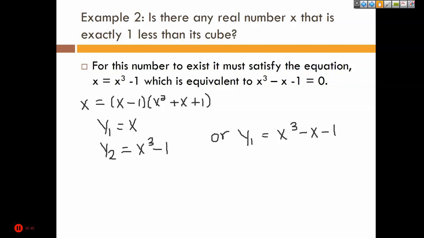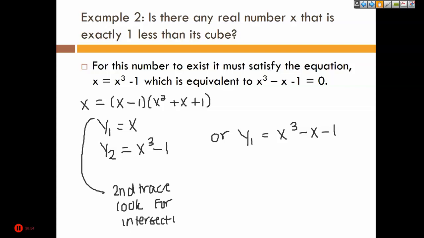In the first, you would use second trace and look for the intersect of the two lines. In the second, we would want to find the zeros of the graph. So let's take out our graphing calculators and do that.